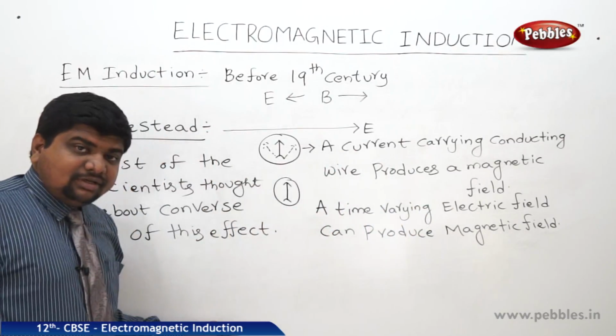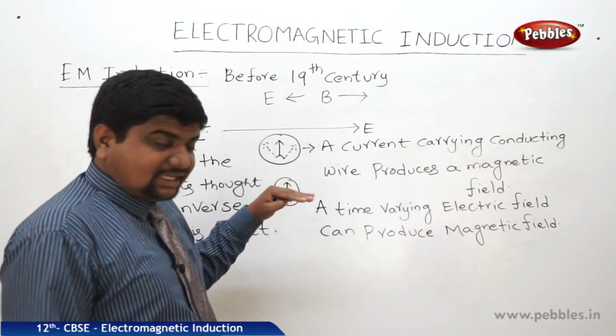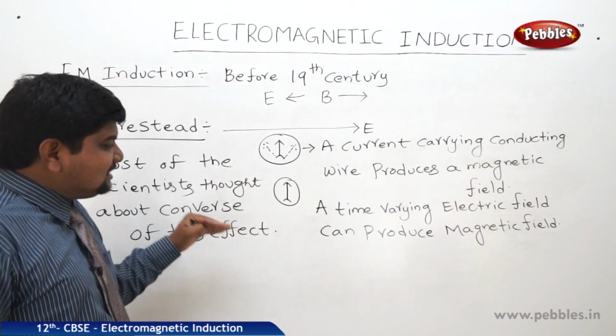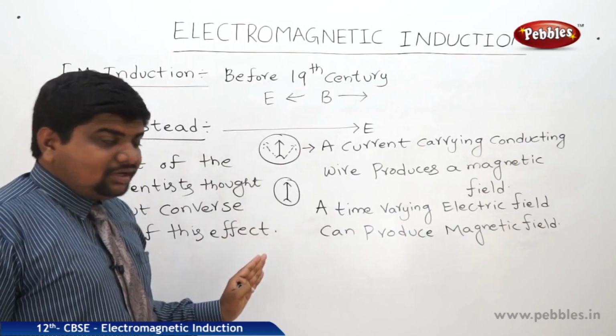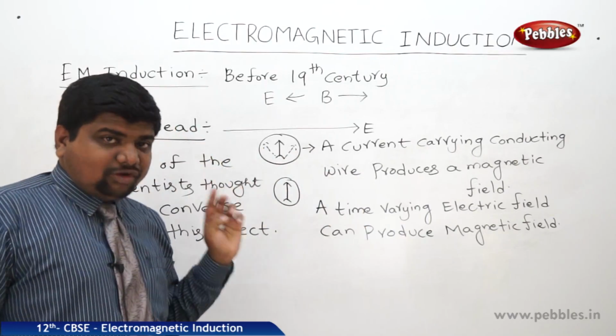But among them, Michael Faraday, one of the great scientists, succeeded in proving that the converse effect is true. What was his experimental setup and what conclusions did he make with respect to this induction phenomenon?